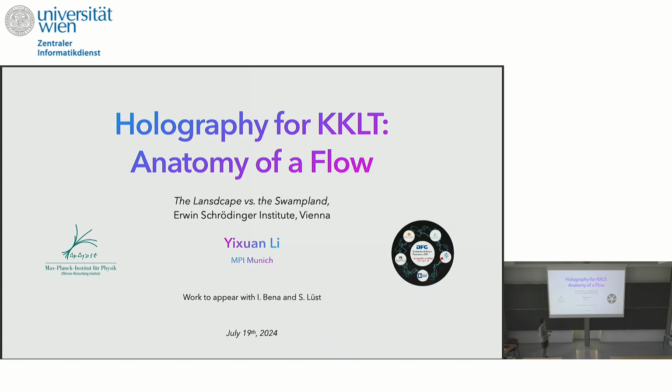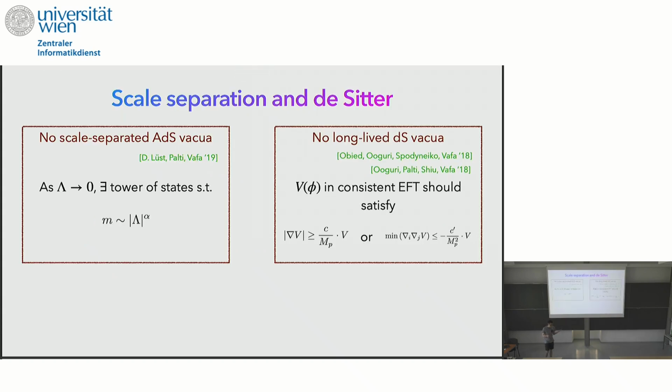We all know from the Swampland that scale separation and de Sitter are hard to achieve in string theory. Actually, in the Swampland, there are even conjectures that tell that it's impossible to get scale-separated AdS vacua and long-lived de Sitter vacua.